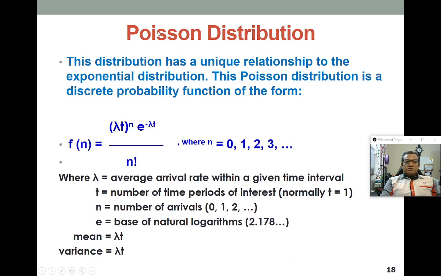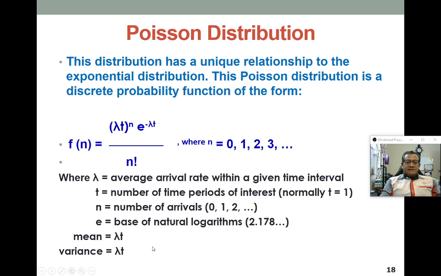This is what the Poisson distribution is all about. This distribution has a unique relationship to the exponential distribution. The exponential is a curve like this, while the Poisson distribution curves like this.